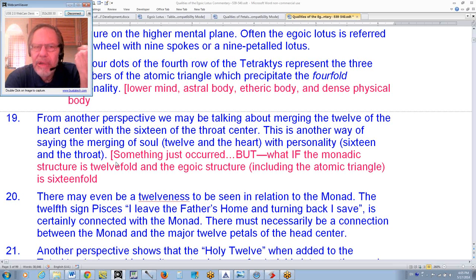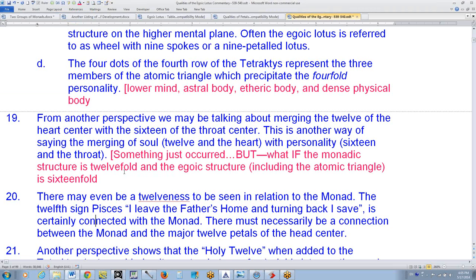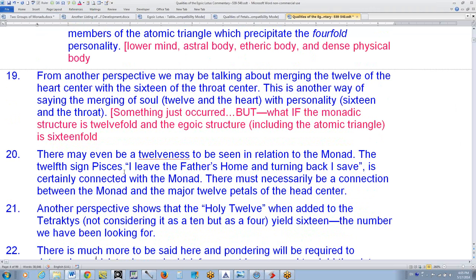It's certainly connected with the monad because Pisces sends the monad forth on its mission of redemption. So there must necessarily be a connection between the monad and the major 12 petals of the head center, indeed. So another perspective shows that the holy 12, when added to the Tetractys, not considering it as a 10 but a 4, yields 16, the number we have been looking for.